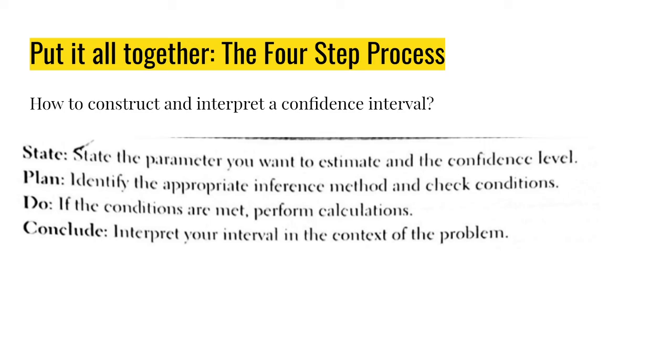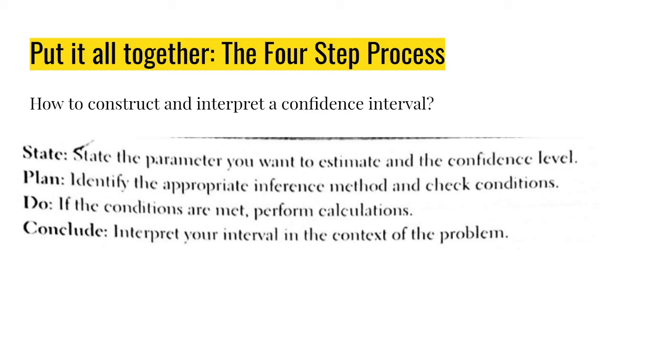Right now, in 8.2, we only talk about proportion. And number 2, you need to identify the appropriate inference method and check for conditions. So far, we only learned one sample z interval for proportion, so that's what you want to put in here. Later on, we're gonna talk about t interval for mean, and that is another story. We will cover it in 8.3.